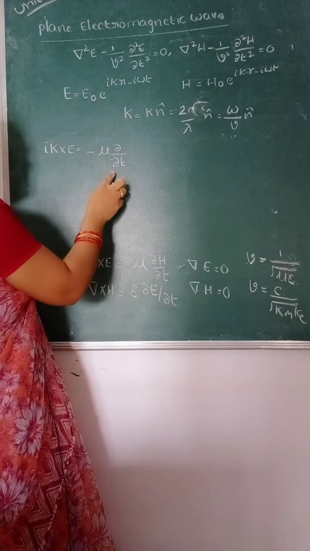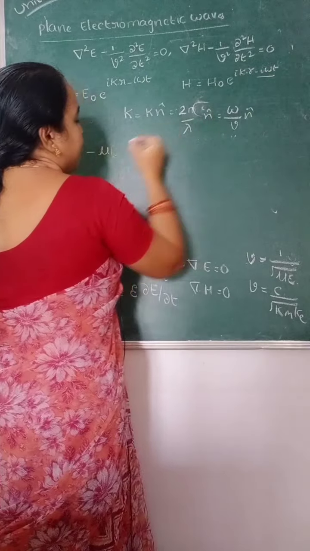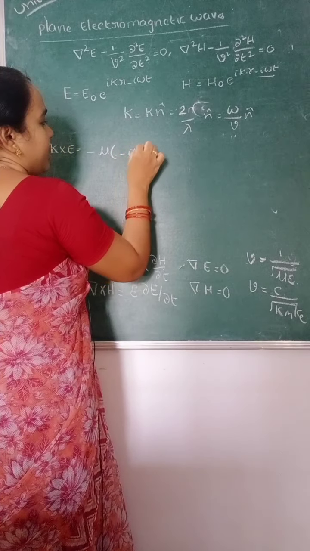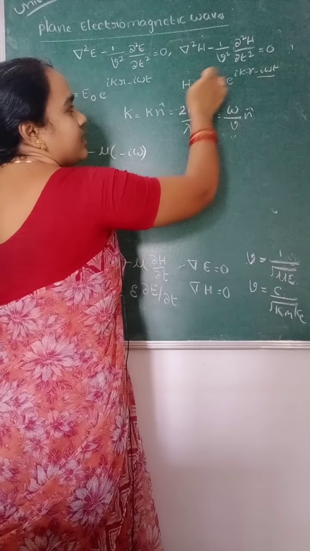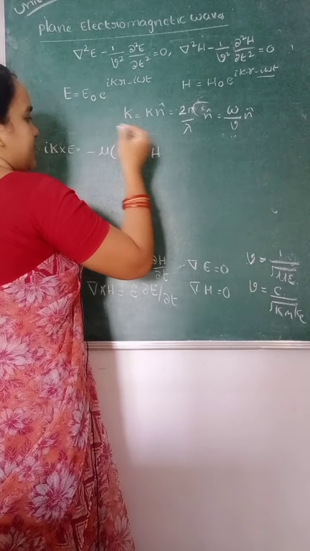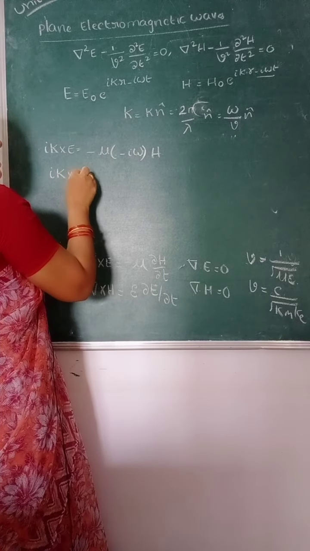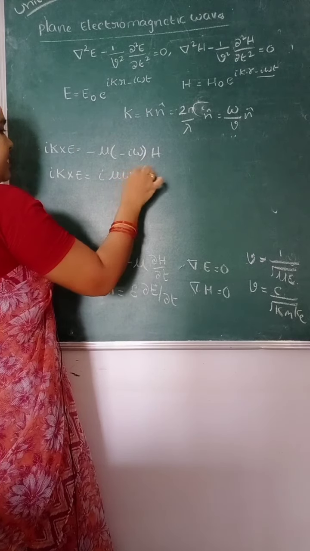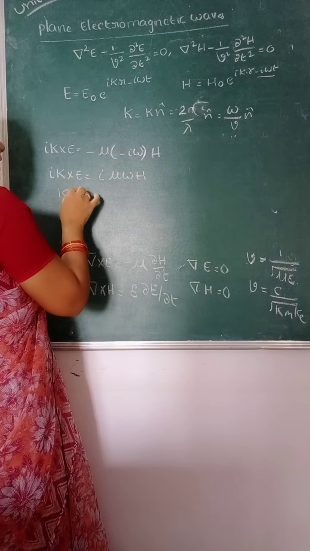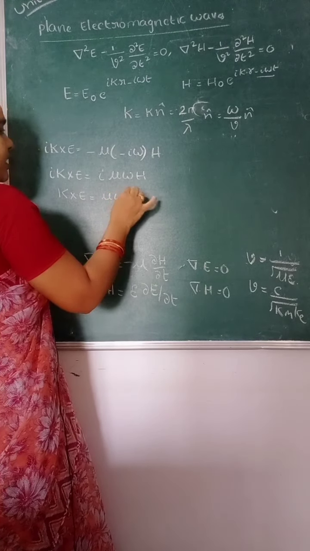By differentiating with respect to time, the coefficient of time is minus i omega H naught e power i(k dot r minus omega t), which is equivalent to H. That is ik cross E is equal to i mu omega H. That is k cross E is equal to mu omega H.